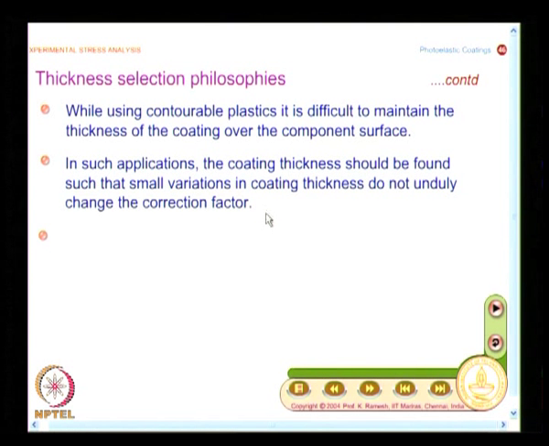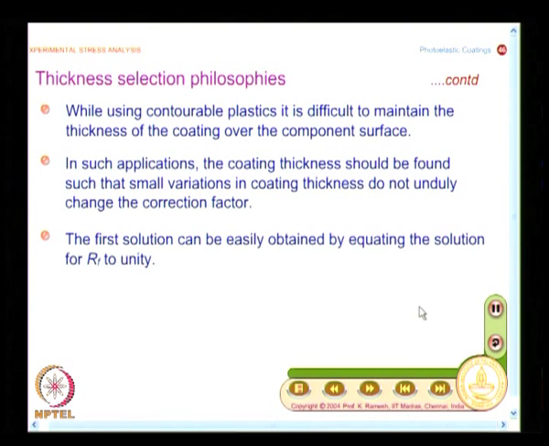In fact, we are going to see a variety of problems which are very complex in shape, where contourable plastics have been employed to analyze a variety of practical situations. And how do we do it?